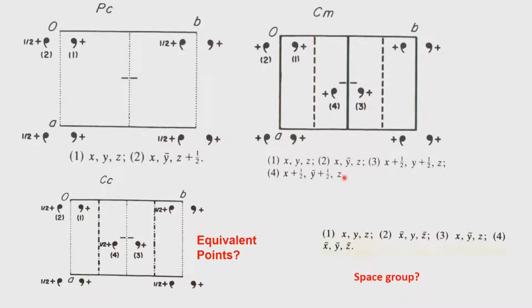So, what it essentially tells us is that given a diagram like this, it should be possible to find the equivalent points. The other issue is, given the equivalent points like this, it should be possible for us to find the space group. And if we find the space group, we should be able to generate the symmetry operation diagram.